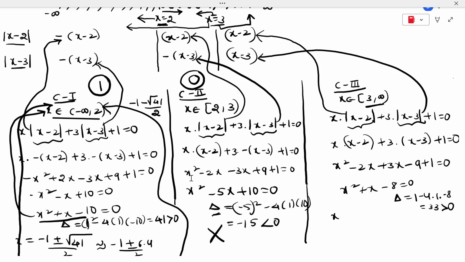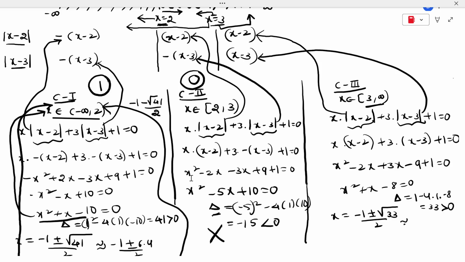So what are the roots? Find the roots. x equal to minus b, that is minus 1, plus or minus square root of b square minus 4ac, that is the discriminant 33, by 2 into a, that is 2. What is the approximate value of root 33? Root 33 lies between root 25 and root 36, so it is near to root 36, which is 6. So I will take 5.8.